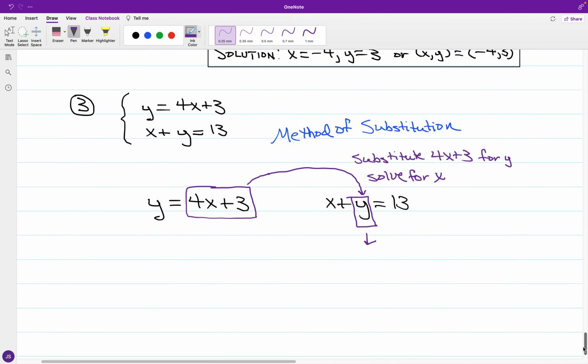And if I go that route, we got x plus, and for y, again, the parentheses are optional, I'm just stressing that we have 4x plus 3 in lieu of the y in the second equation. Okay, so if I add together, x plus 4x becomes 5x.